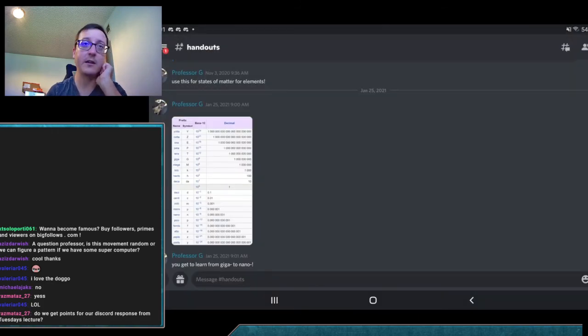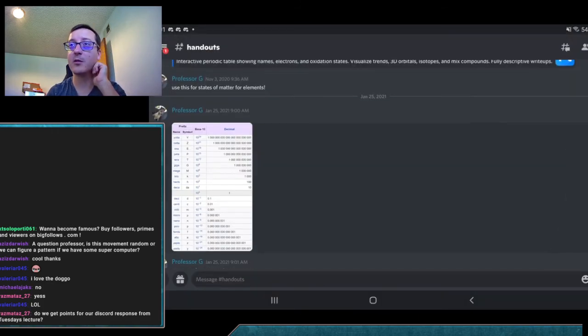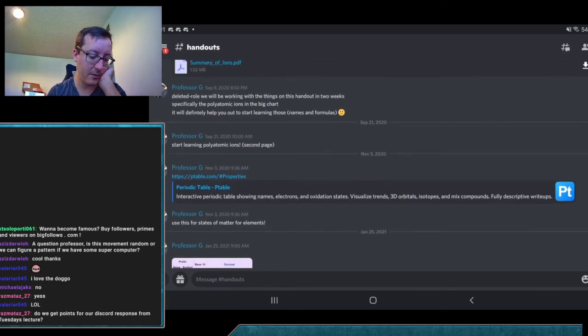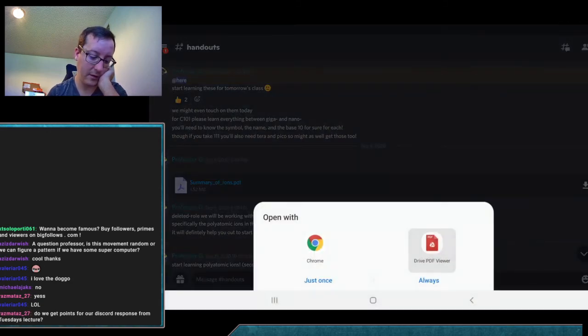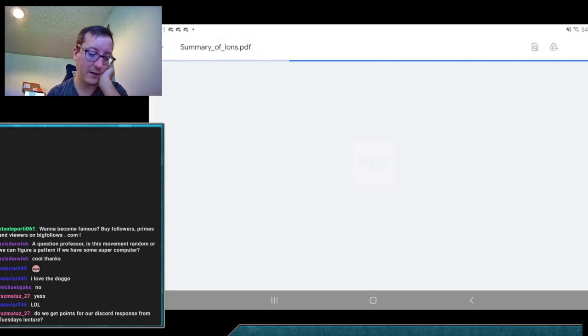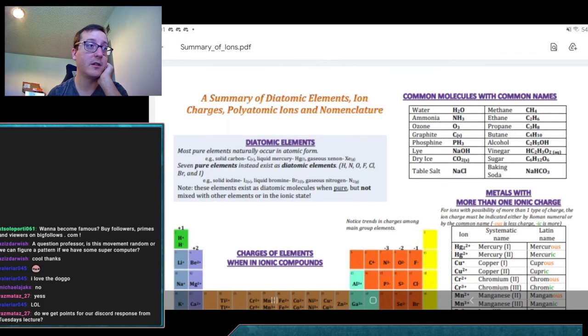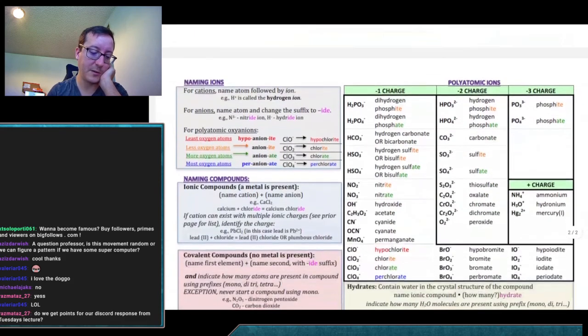It's also in the 111 somewhere. It'll probably be closer to the top. And then you'll also have this summary of ions. Let's see if I can take a look at that. That's going to have our list of polyatomic ions here. So not on the first page, but the second.